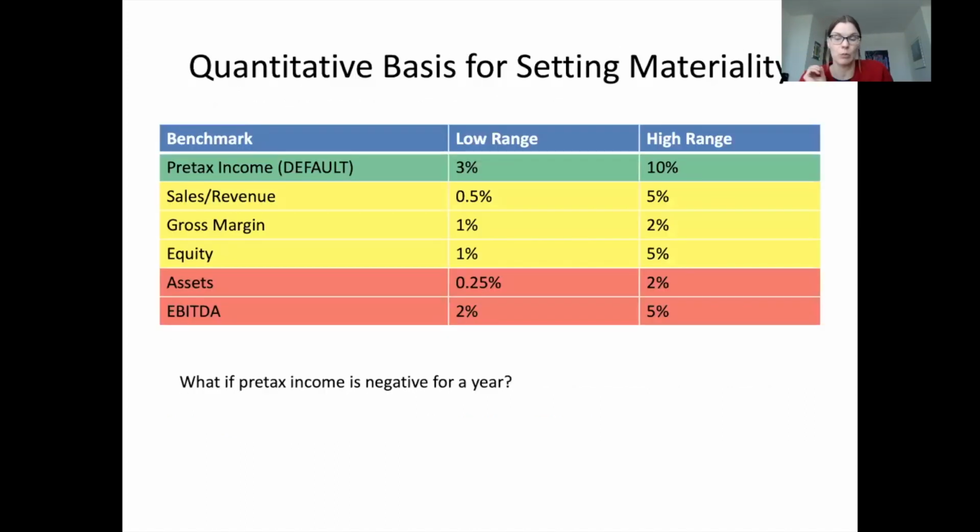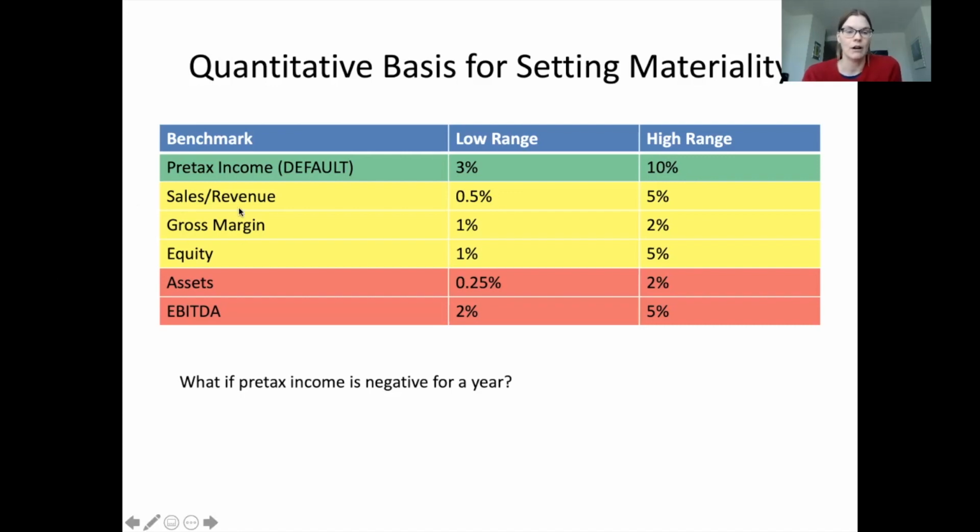In terms of our quantitative basis for setting materiality, these are some benchmarks and ranges that we would use. Pre-tax net income is the most common basis for materiality, and we said the typical range is 3 to 5%. In theory, you could go as high as 10% for your materiality threshold.